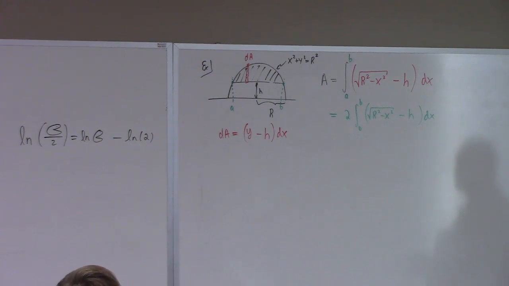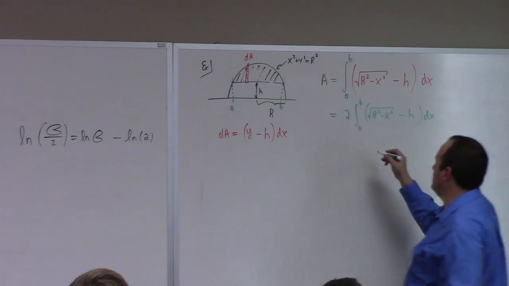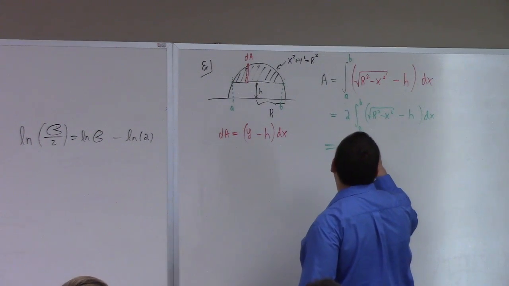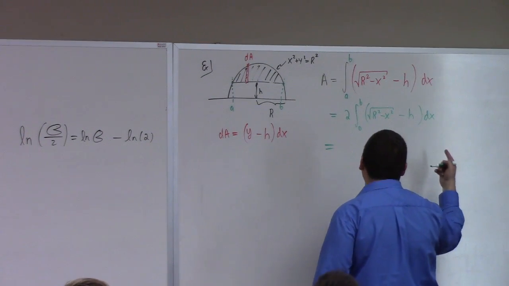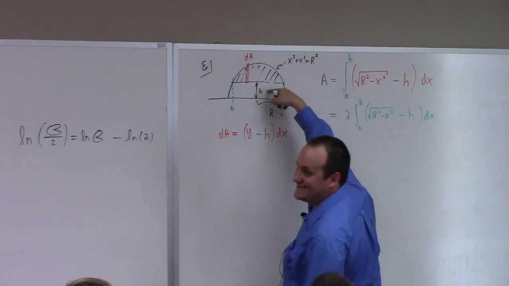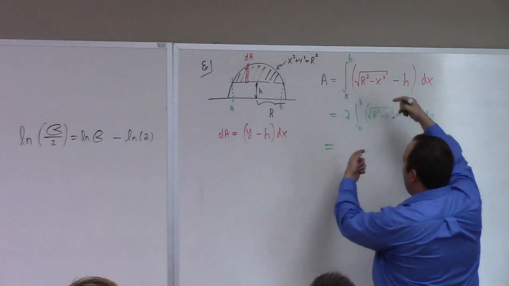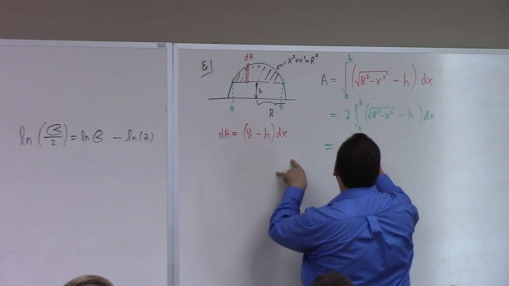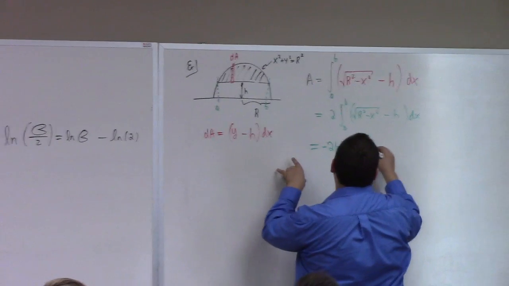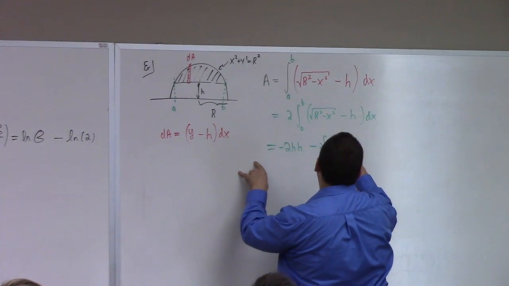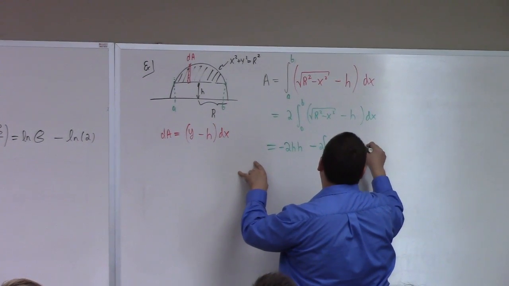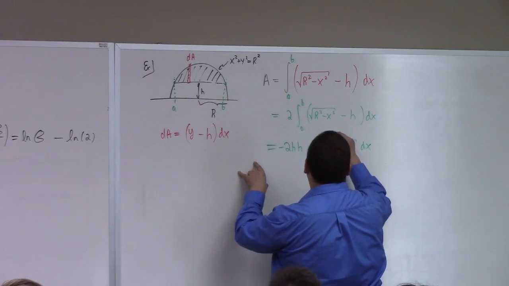What's the integral of h? Well, h is a given constant. The integral of h dx is just hx. It's h times the length of the integration region. We have just 2hb from that term with a minus. So minus 2 times the integral of the square root of r squared minus x squared dx, again from 0 to b.